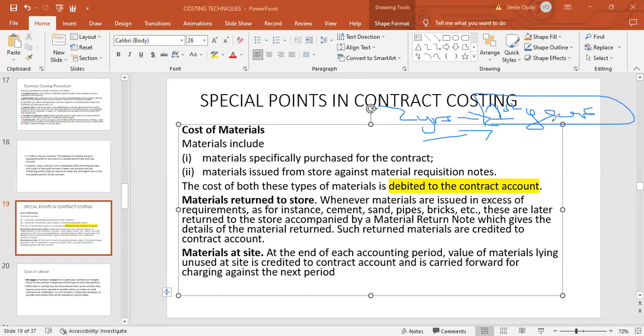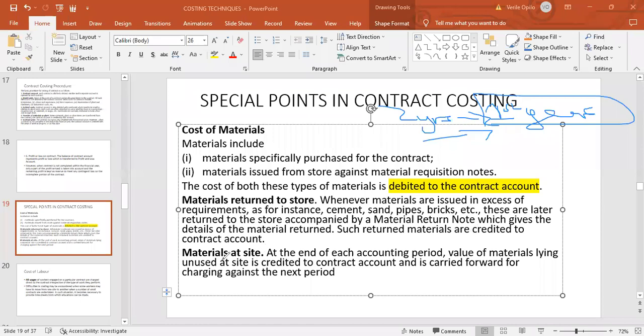For companies, you are expected to prepare your financial statements at the end of every year, regardless of whether you have completed the contract or not. So if you're closing your financial year and there are still some materials at site, you need to record that there are some materials that had not yet been utilized by the time we were closing the financial year end.